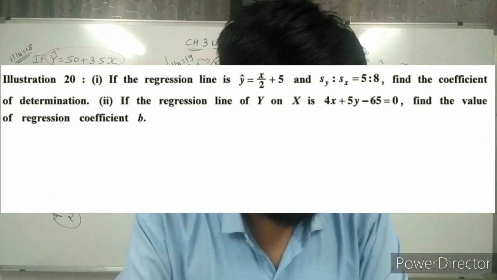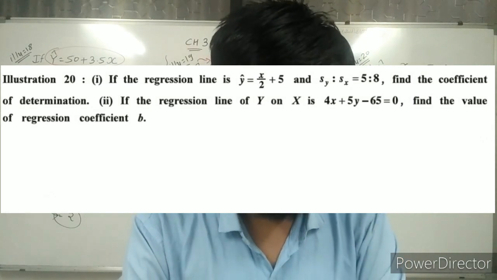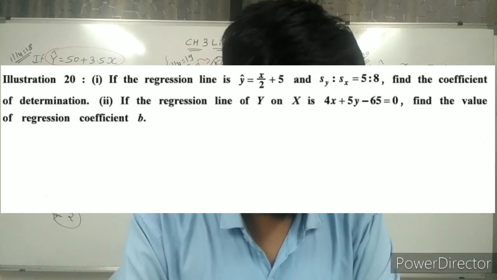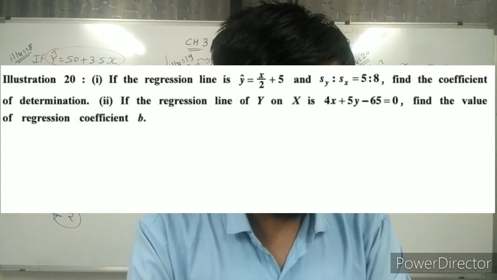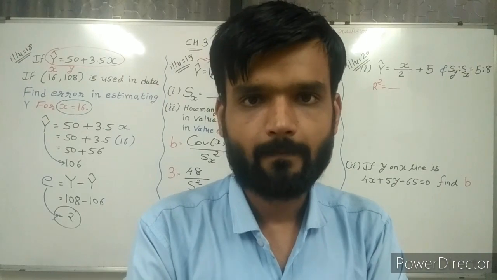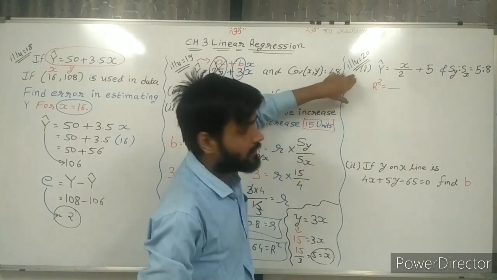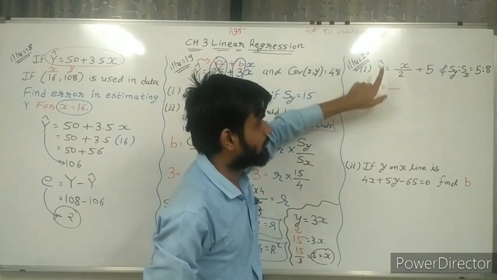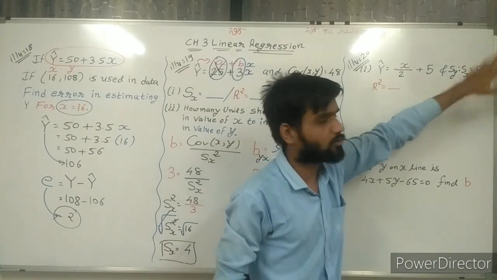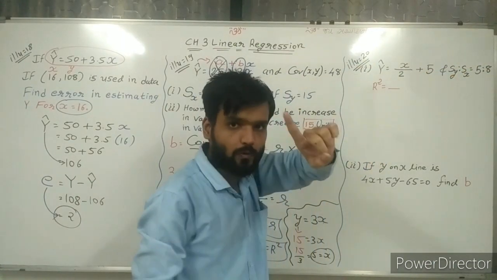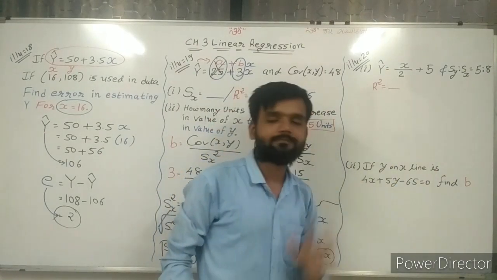Second question: if the regression line of y on x is 4x plus 5y minus 65 is equal to 0, find the value of regression coefficient b. In short, I have written: y cap is equal to this, Sy ratio Sx is equal to this, find r square. First question. Second, y on x line is this, find b.